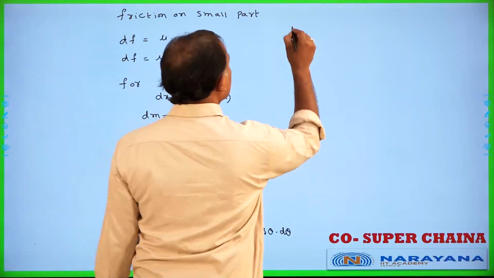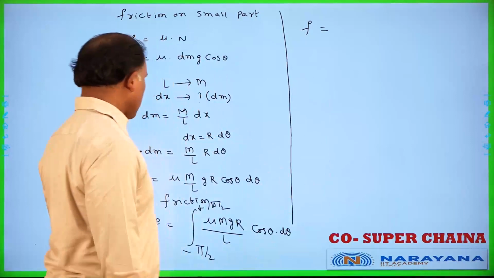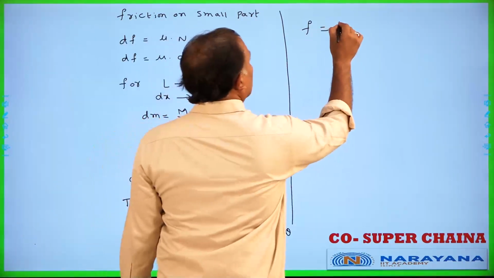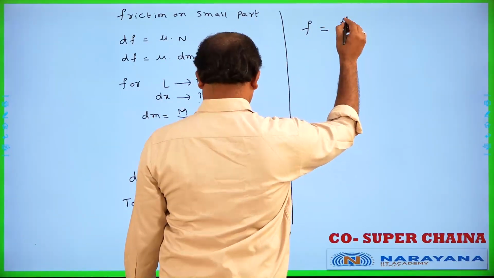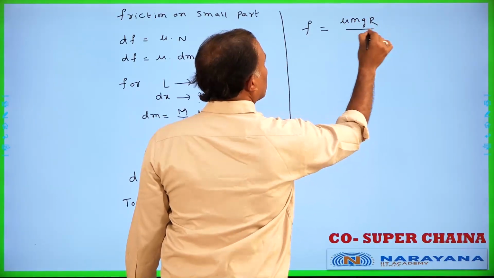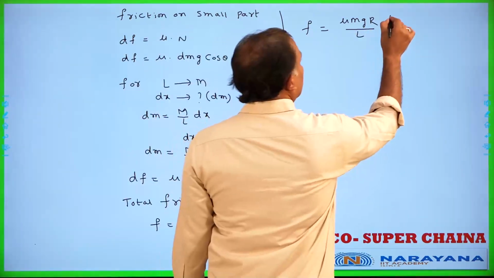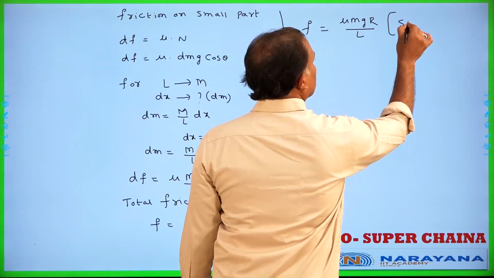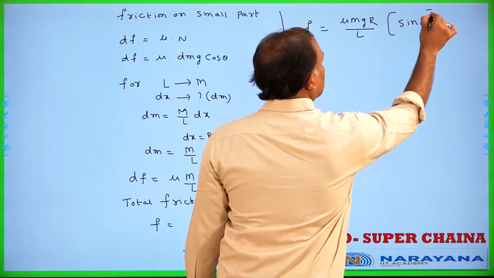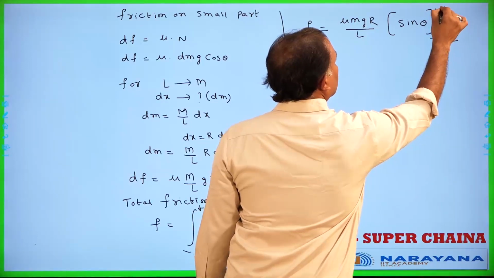One more step, let me write. Friction F is equal to mu m g r by L into the integration of cos theta. Integration of cos theta is sin theta, from minus pi by 2 to plus pi by 2.